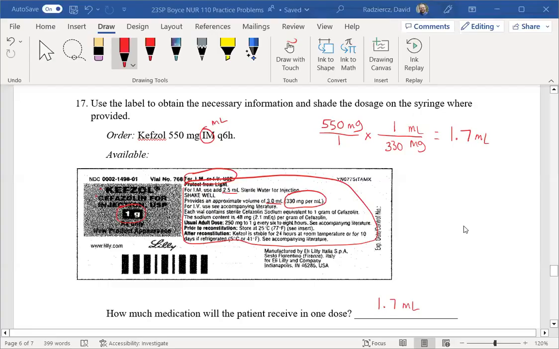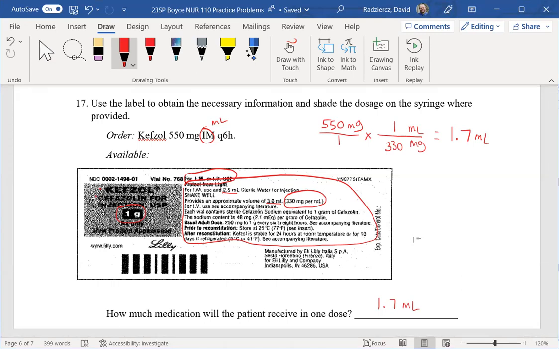Occasionally, and I don't think you're going to have to worry about this, the label just tells you what the total volume is, and it doesn't tell you what the strength is. If that were the case, we know the total medication powder is 1 gram, so 1,000 milligrams, and it tells us the approximate total volume is 3 milliliters.